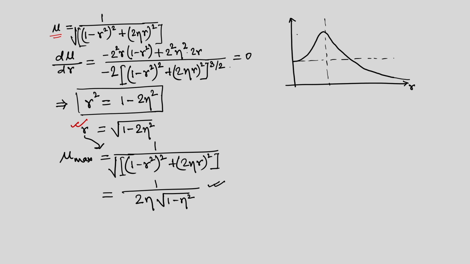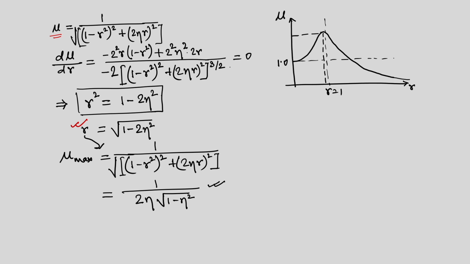So, this is the maximum value. So, r is equal to 1 and this value is also 1. So, this is the location of the maximum value of dynamic amplification, and the peak value you can also identify.